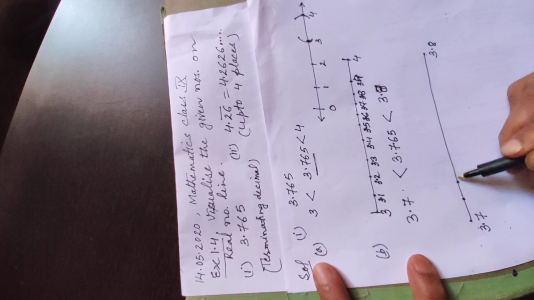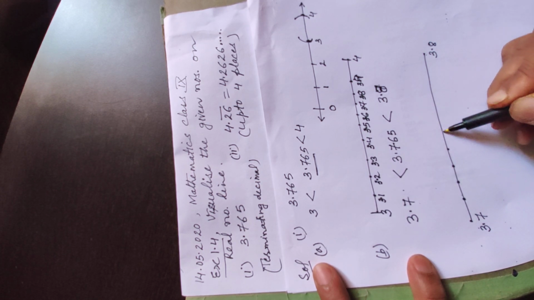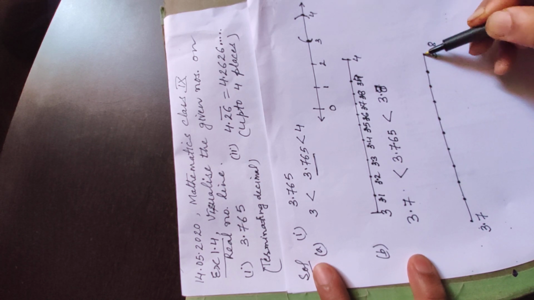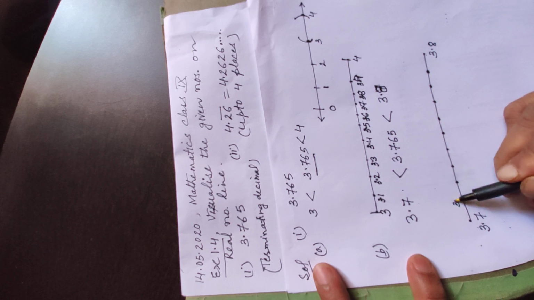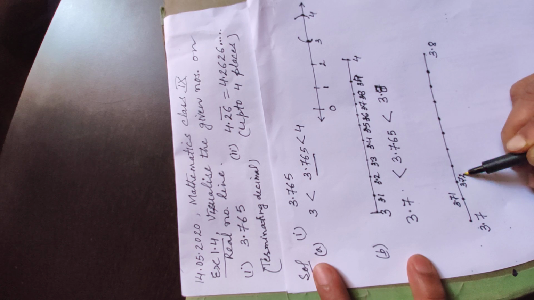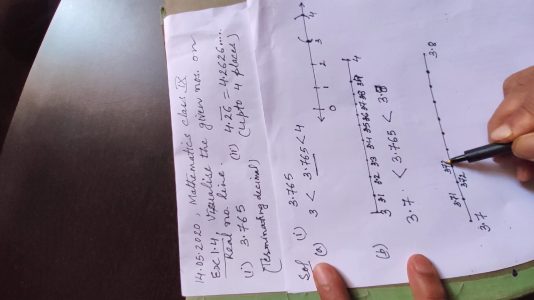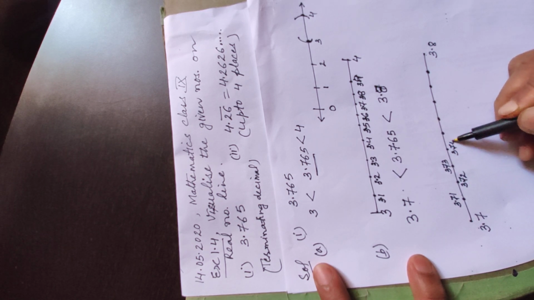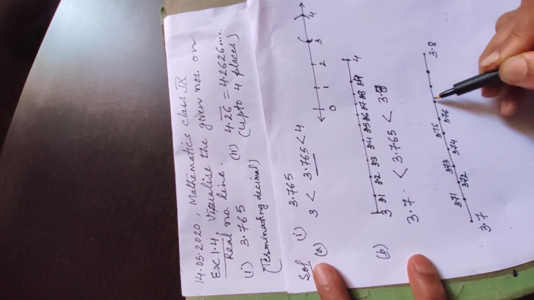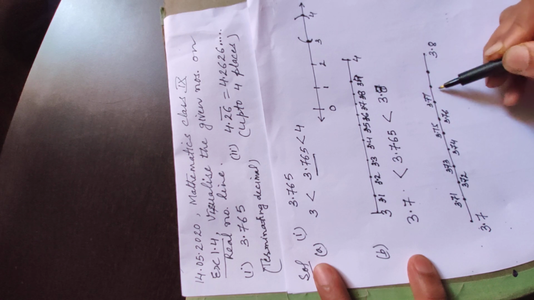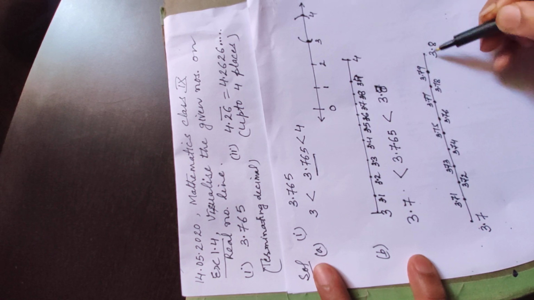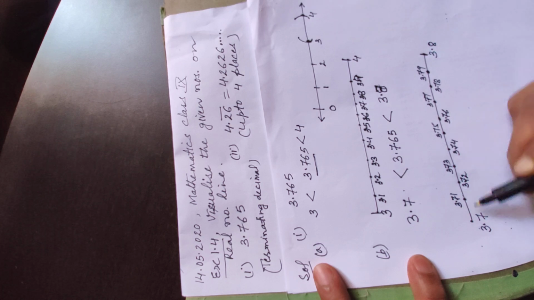So 1, 2, 3, 4, 5, 6, 7, 8, 9, and the first number would be read as 3.71, second is 3.72, then 3.73, 3.74, 3.75, 3.76, 3.77, 3.78, 3.79, and the last will be 3.8.